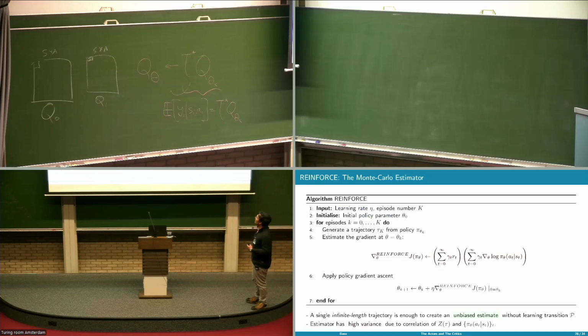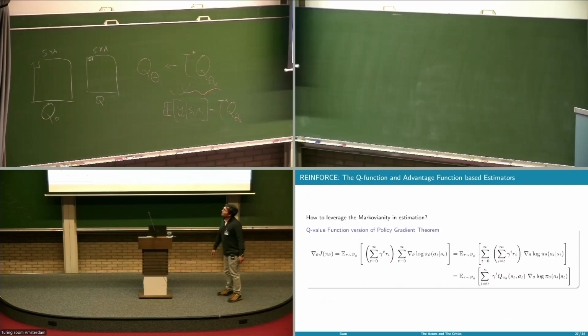On both sides. If things are correlated and you apply them together without a correlation correction, often they lead to high variance. Okay. And this is a standard issue of policy gradient. So now people have said, okay, I don't have the luxury to have infinite length trajectories. I don't want to compute this sum separately. Can I leverage the Markovianity a bit more during the estimation? The answer is yes.